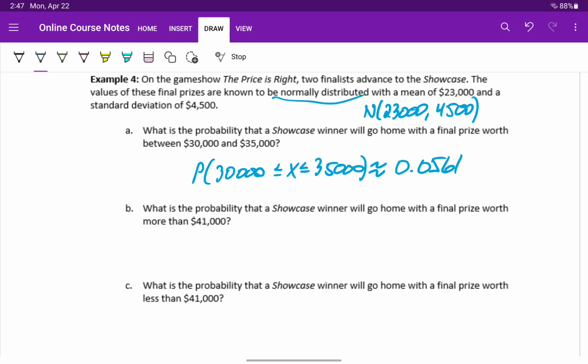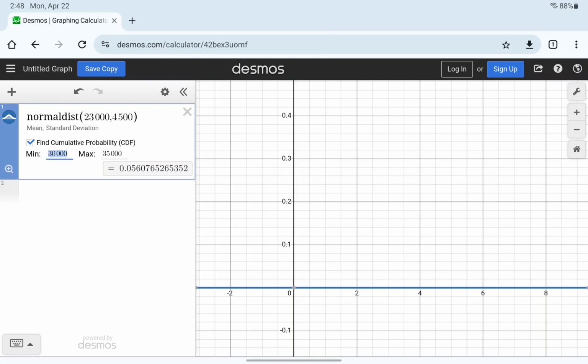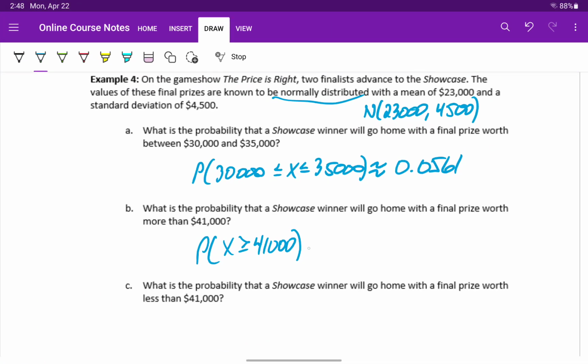In part B, we want to find the probability that a showcase winner will go home with a final prize worth more than $41,000. That's the probability that x is greater than or equal to 41,000. We'll put that in as our minimum and get rid of the maximum, and we get 0.00003, which naturally would round to 0.